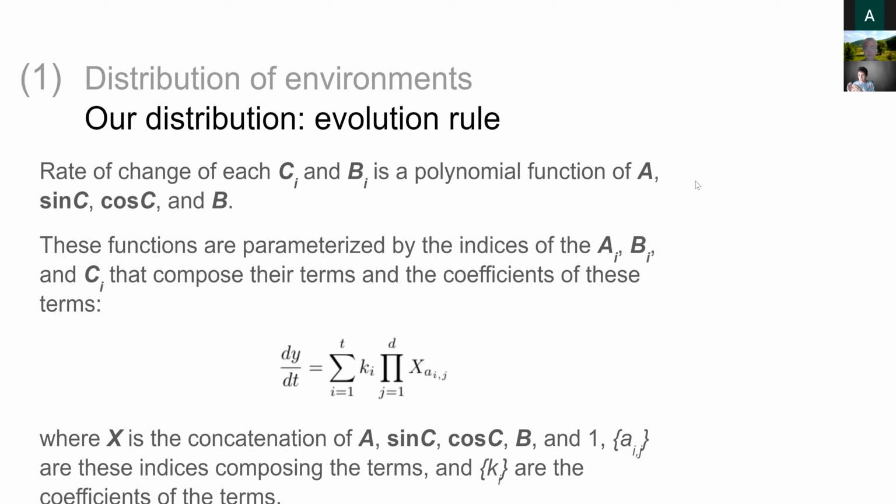So here those indices are the aij, and the coefficients are the ki. We have t terms of up to degree d. X here is representing the concatenation of the action, sine of cyclic, cosine of cyclic, bounded variables, and 1, which is used for cases where the degree of a term is less than d.